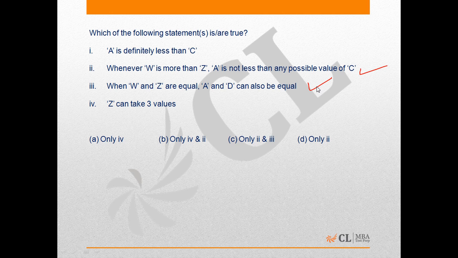And the last statement is saying Z can take 3 values, whereas in reality it can take 4 values. Therefore only 2 statements are true, and these are the second and third statements, which means option C is the correct answer.